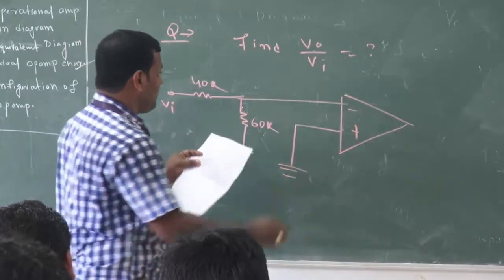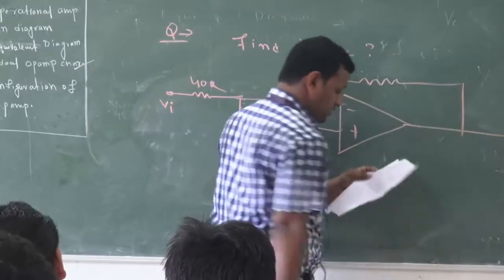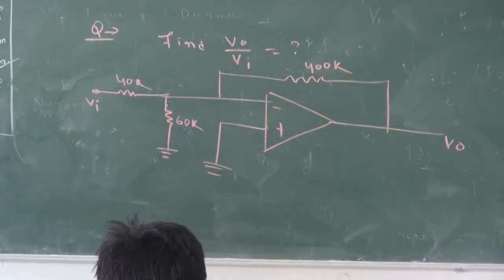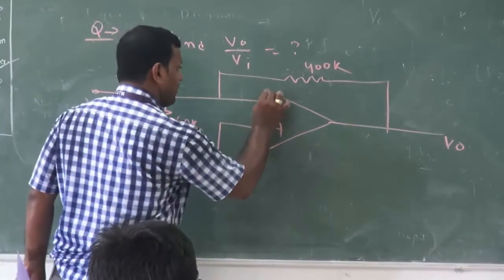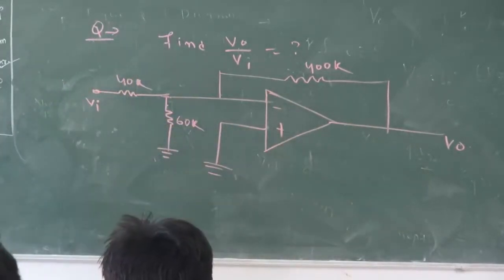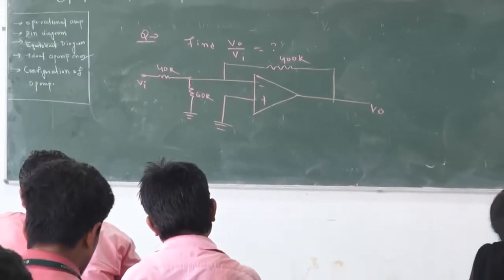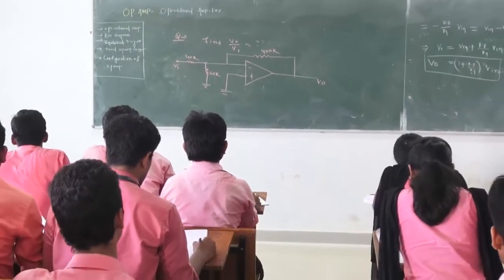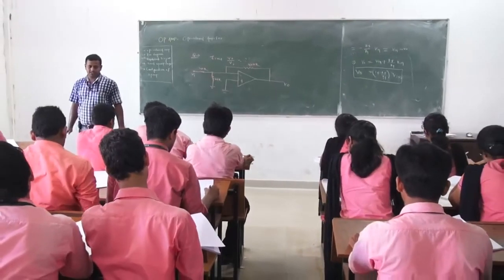There are resistors of 40K, 60K, and a feedback of 400K. Find out the gain, or the V naught by Vi, of the following figure, which consists of an op-amp.